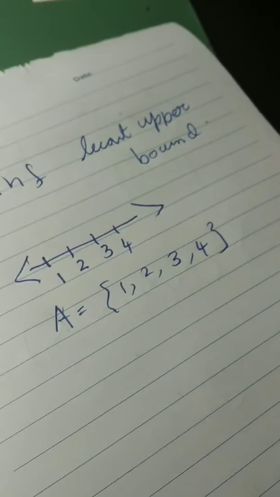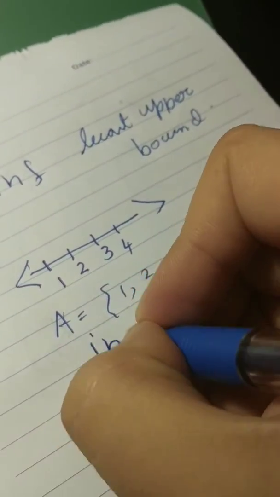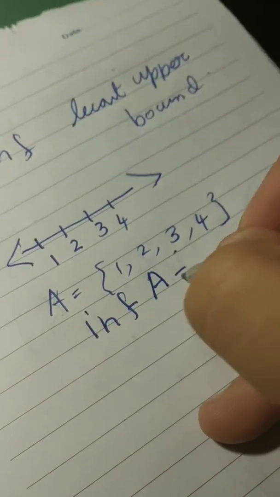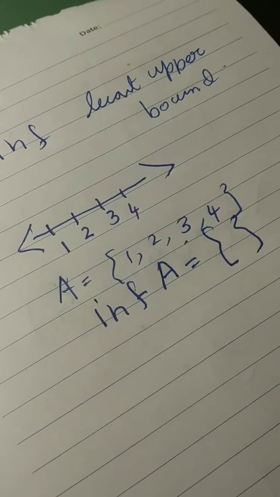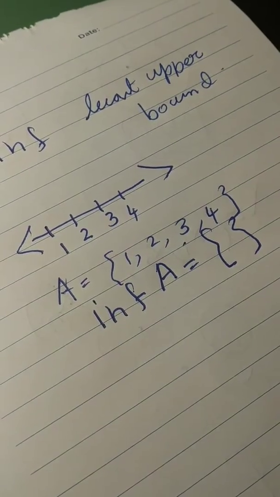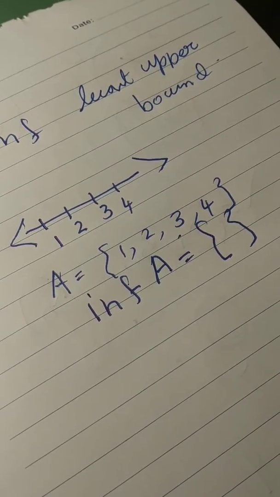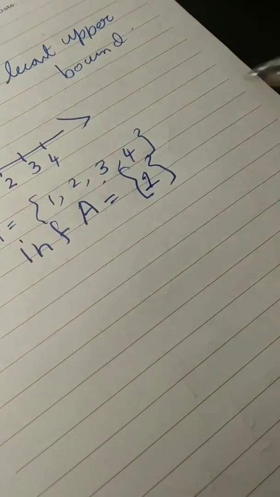Now what is the infimum of A? The infimum of A is equal to 1, the least upper bound.